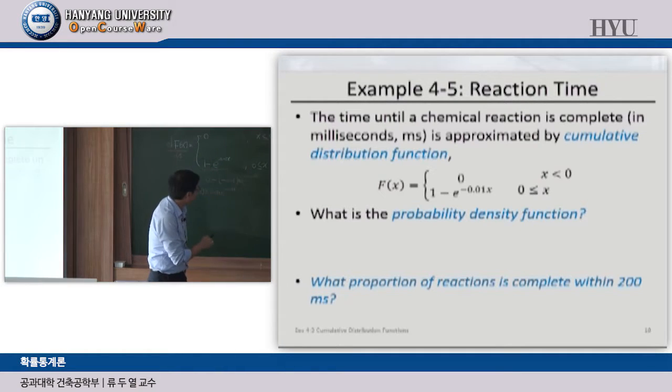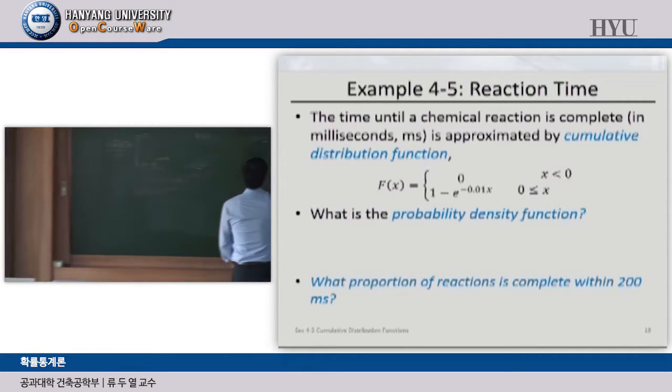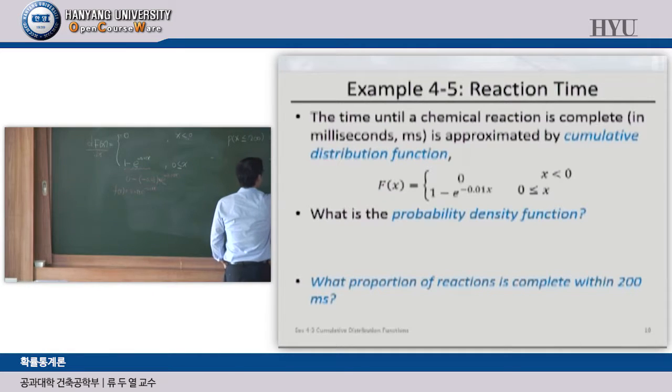And 200 is larger than 0, so we can simply use this equation. So this can be 1 minus exponential minus 0.01 multiplied by 200, which equals 1 minus e to the minus 2. Okay?